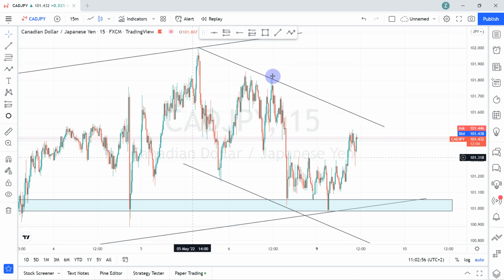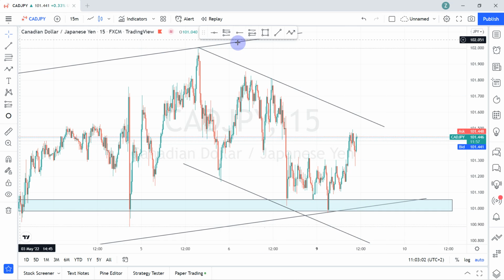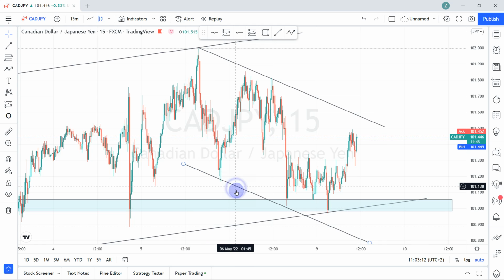So this would be my counter trend line if the market breaks out of my bearish flag. If it confirms my bearish flag and breaks out of this zone, that's where I will cater for my counter trend line.